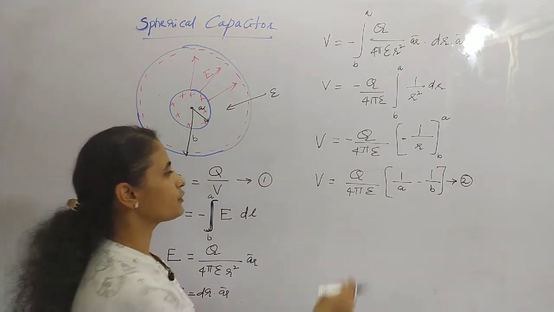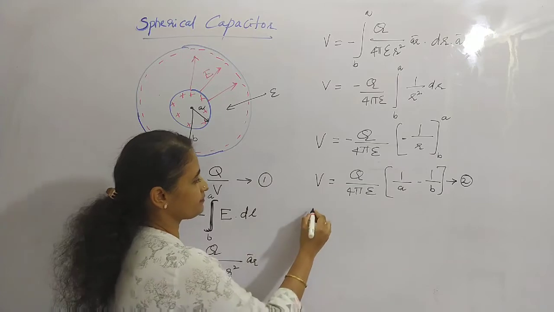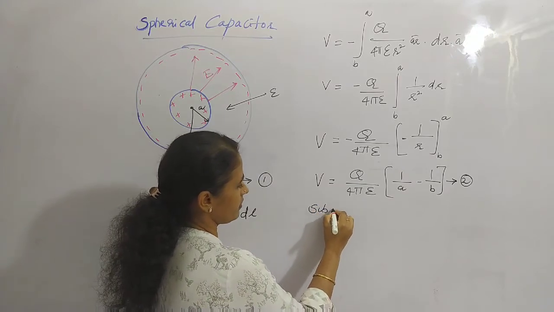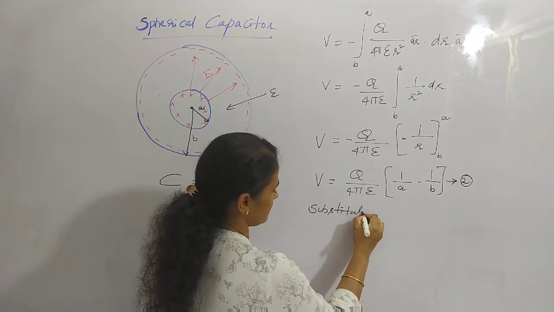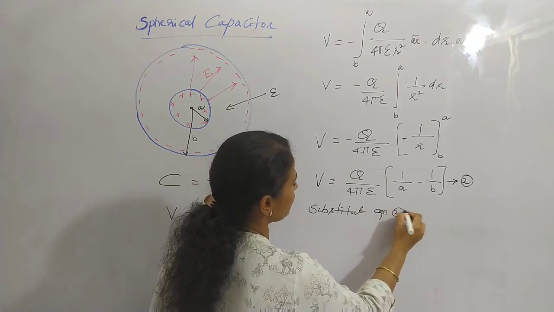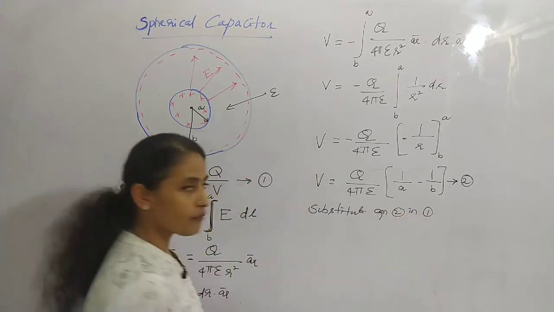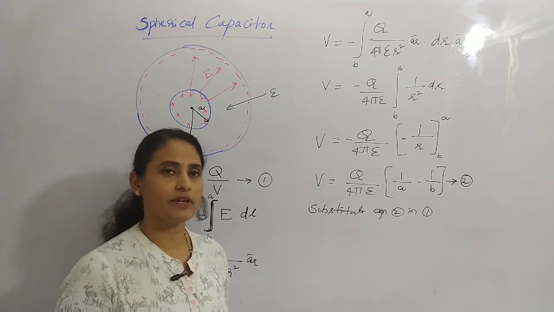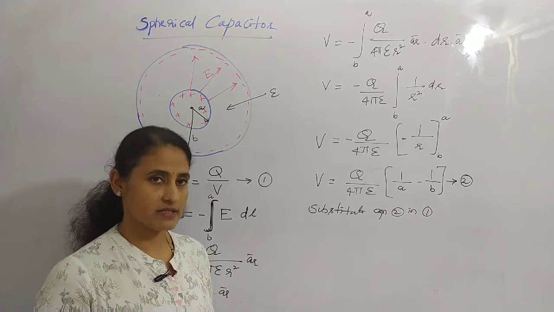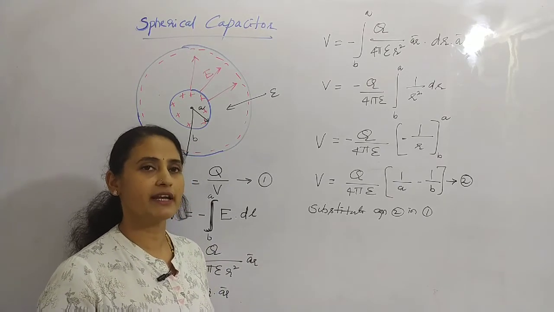Now substitute equation 2 in 1. We are trying to derive the equation for the capacitance of a spherical capacitor.